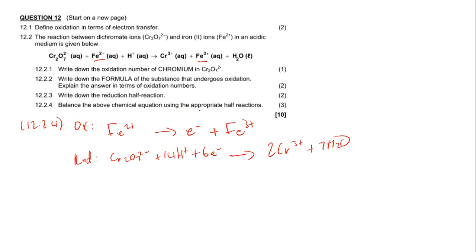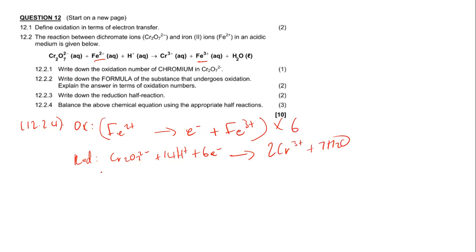So to balance the equation above, we have to add these two reactions, but we cannot add them yet because the number of electrons are not balanced. We need to balance the number of electrons. We can see we have 6 electrons over here. So that means we have to make this to be 6. So we're going to multiply this equation of oxidation by 6.